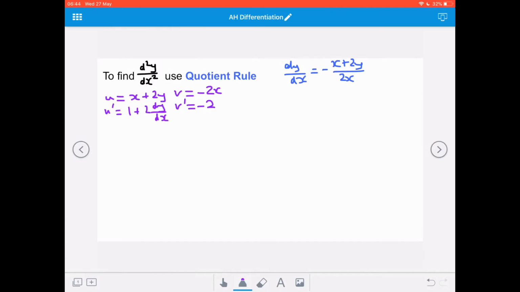So my second derivative, d2y by dx squared, is u prime v minus v prime u all over v squared. So u prime is 1 plus 2 dy by dx, and I'm going to put that in a bracket because I need to multiply that by negative 2x.